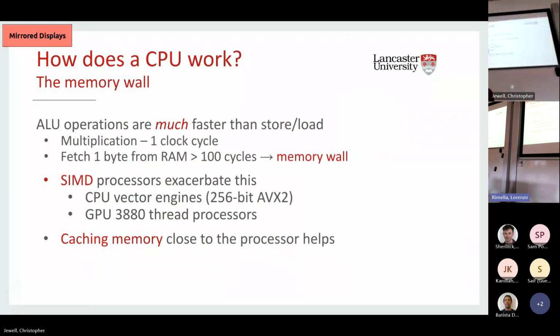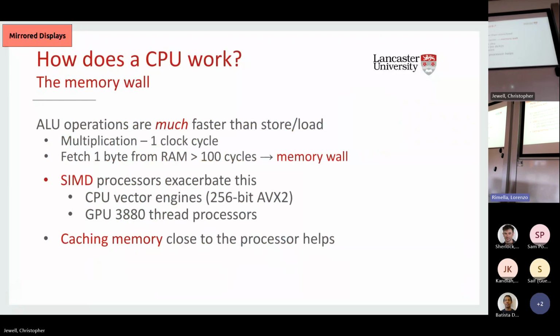Okay, so I just wanted to talk about something called the memory wall before the break, and then I'll come back to the cache question that Tamas asked earlier. So the thing to remember is that processors are so fast now that all the arithmetic logic operations that go on with it are typically much faster than the time it takes to fetch some data in, even from the RAM.